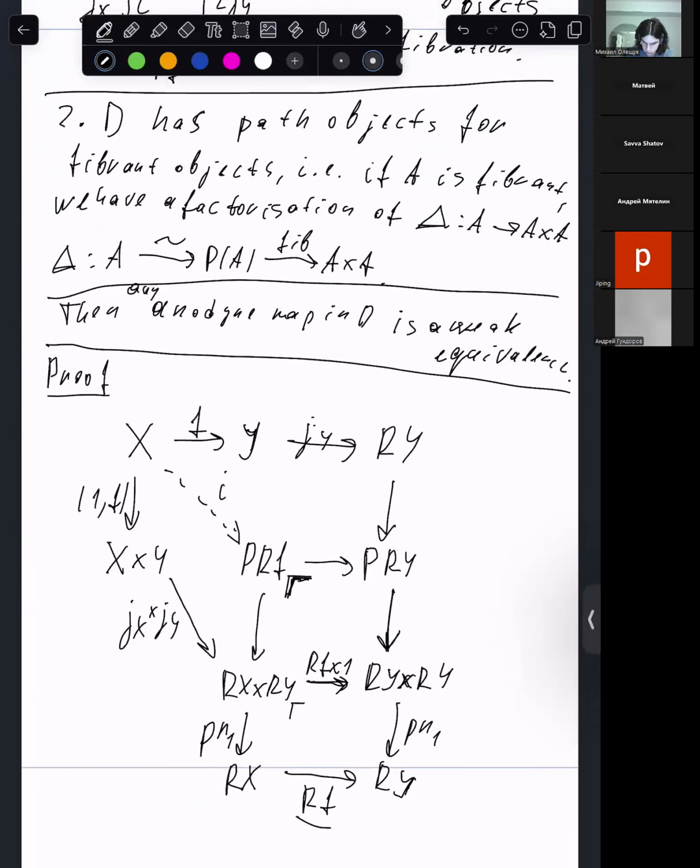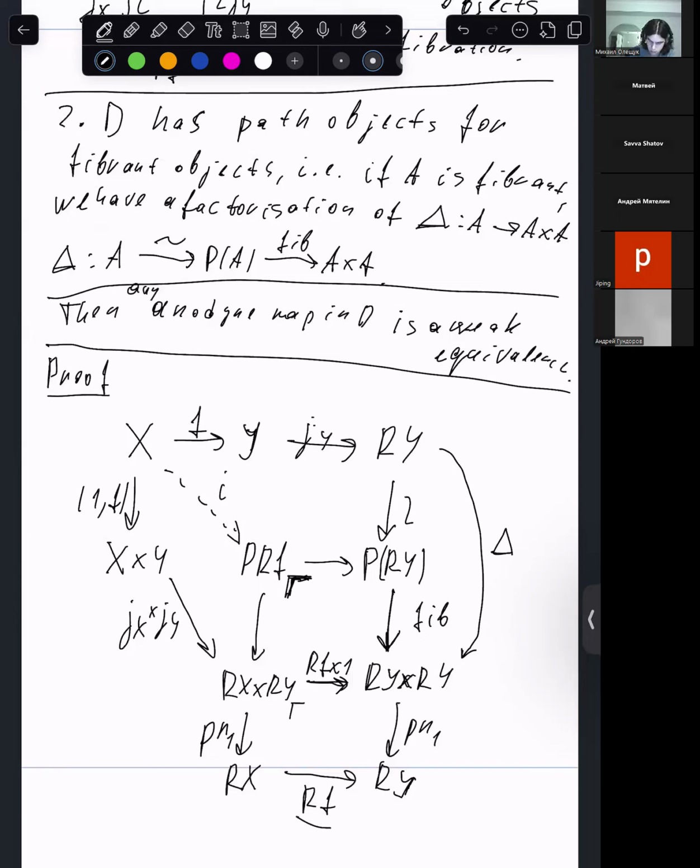That is, here we have P of Ry and a factorization of a diagonal map into the composition of weak equivalences and fibrations.